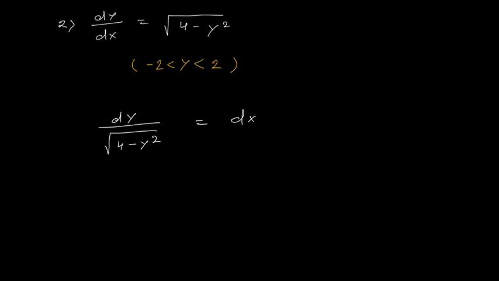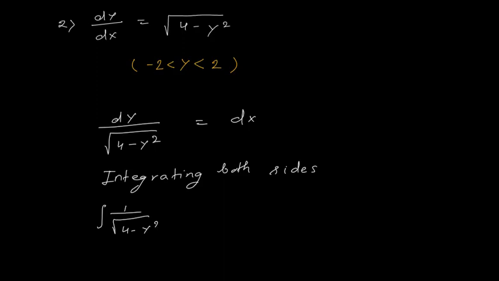Then I will integrate both the sides. So I will get the integration of 1 upon root of 4 minus y square dy is equal to the integration of dx.